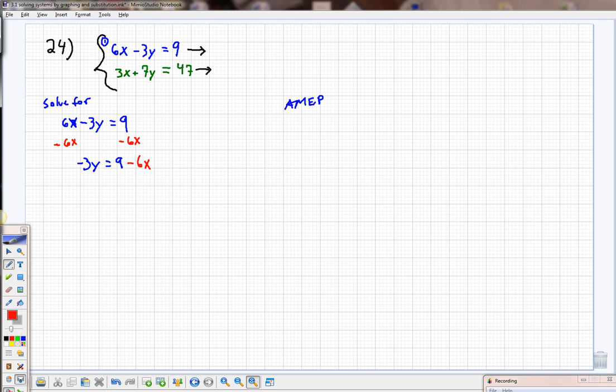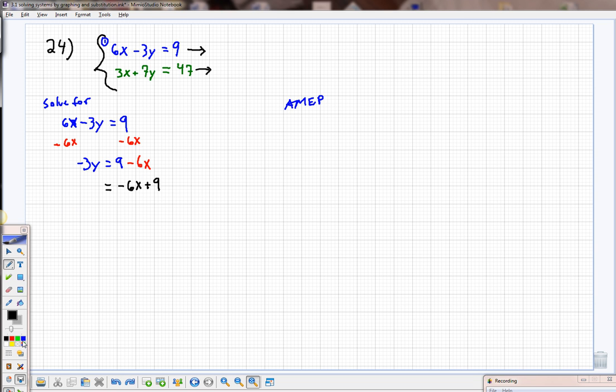Some of you are going to be able to skip right to this step of negative 6x, and then the 9 is positive, plus 9. Now what's really happening there is I'm thinking of this as plus a negative, and by the commutative property of addition, I am rearranging that in order to be negative 6x plus 9.